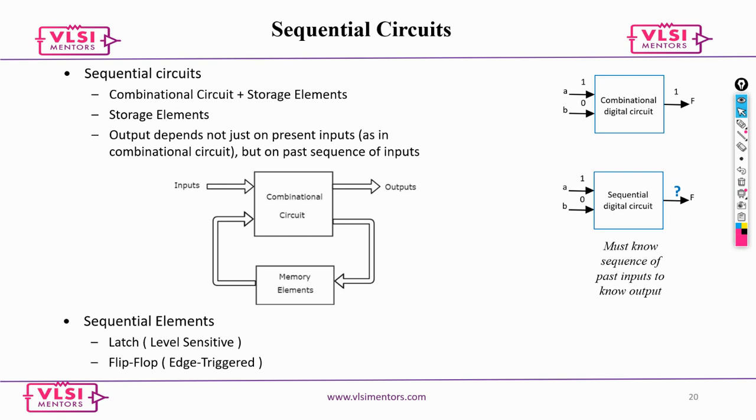What is a sequential circuit? If you look at combinational circuits, the output depends only on the present state. Whereas a sequential circuit is a combinational circuit plus a storage element, and the output depends not just on present inputs but on the past sequence of inputs as well.